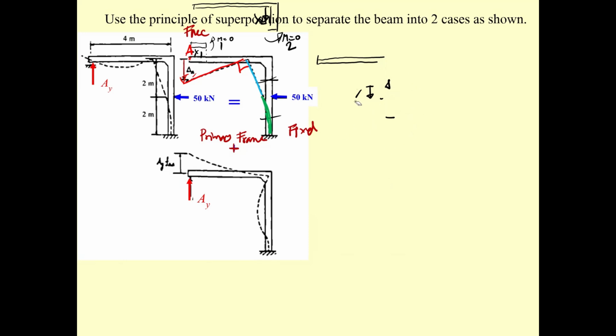Now, let us take this one out and take a look at the second picture. Is this one correct? I don't think so. And one thing, if you do the same cut, this portion of the frame will have the moment due to A sub y. The same thing. If this has a support, this would be 0.